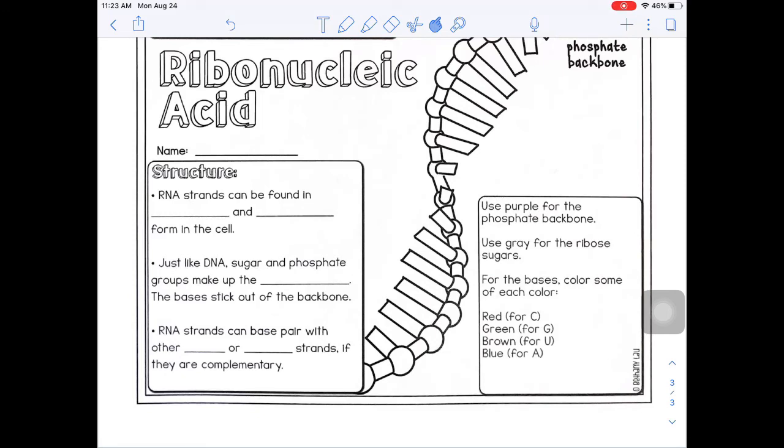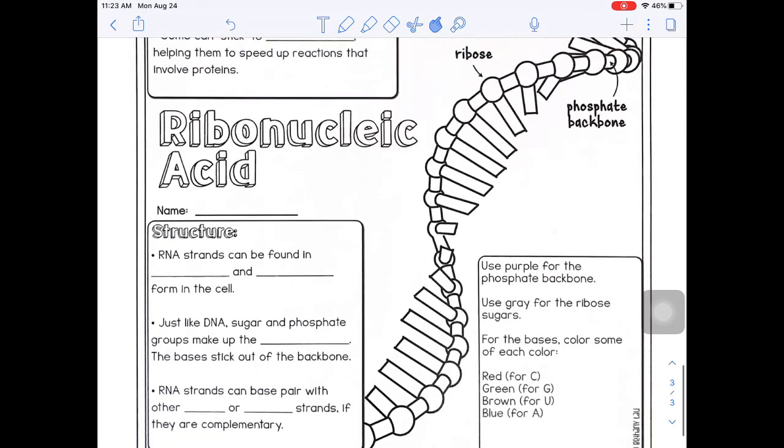Just like DNA, sugar phosphate groups make up the backbone. The bases stick out of the backbone. RNA strands can base pair with other DNA or RNA strands if they are complementary.